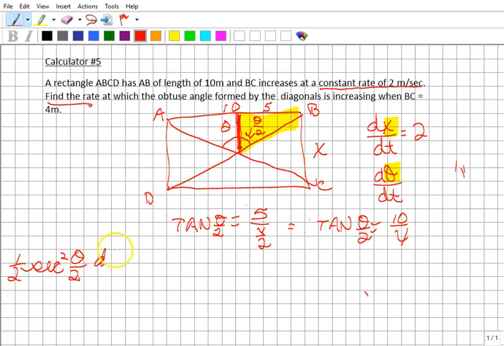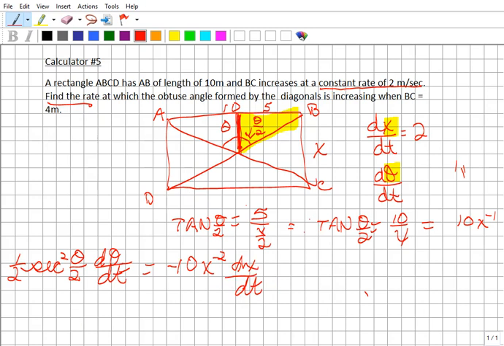And don't forget, you have to tag on your d theta/dt equals the right-hand side. The derivative of 10 over x is 10 times x to the negative 1. So power down, negative 1 down, and decrease the power to negative 2. And we have to tack on dx/dt there.